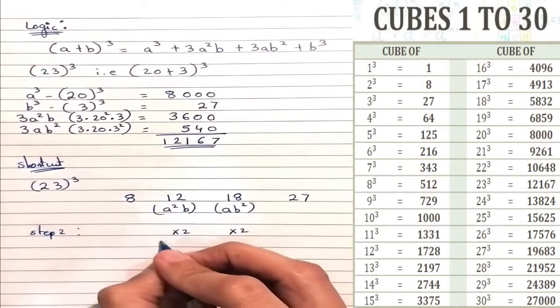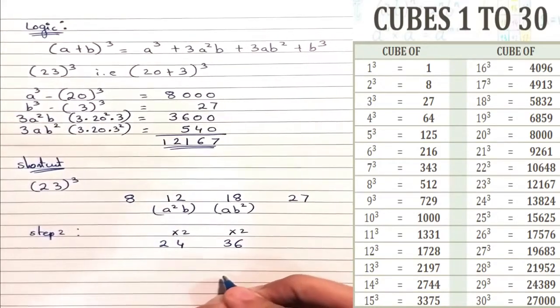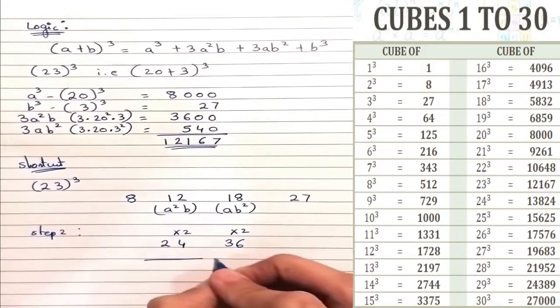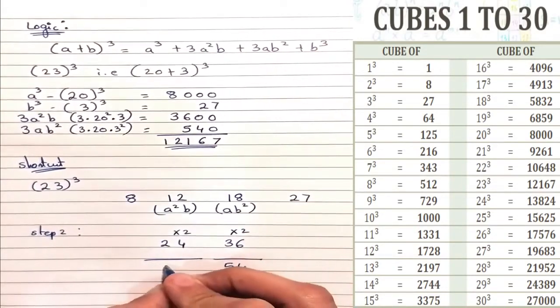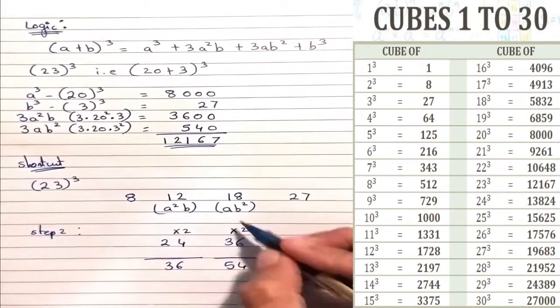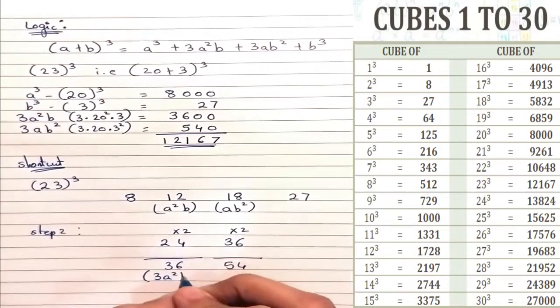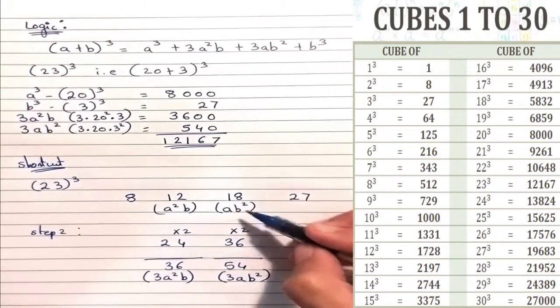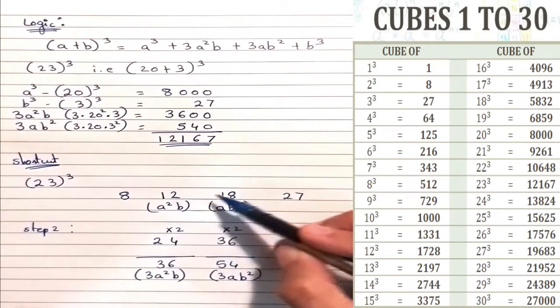Right? So in the first step we got a square b and ab square, and in the second step we got 2a square b and 2ab square, right? Because we are multiplying that number by 2. So when we add the first step and second step middle numbers, we get nothing but 3a square b and 3ab square, which is 36 and 54, right?